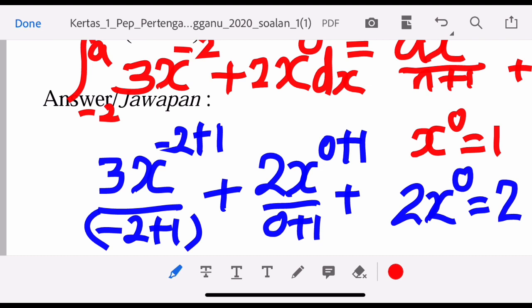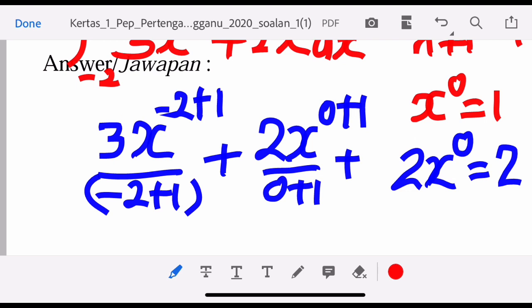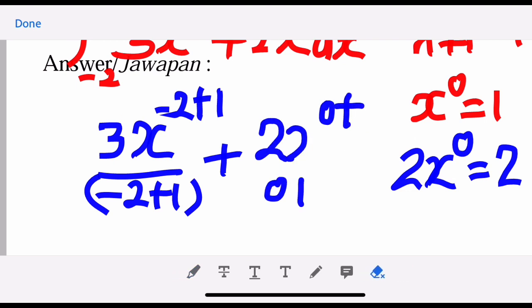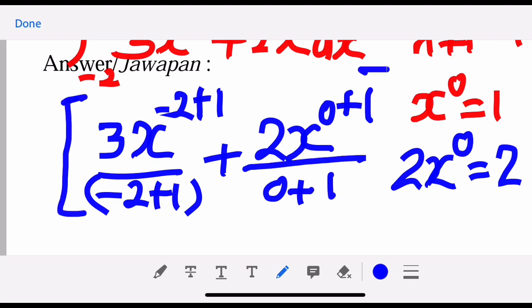Definite integral means definitely you have a value. So I will erase out the C. I don't want to plus a C. Even if you plus, it's okay. Later you notice that the C will be cancelled out. So instead of doing that, we actually try not to do double work. If you plus a C, later you will have to minus a C.